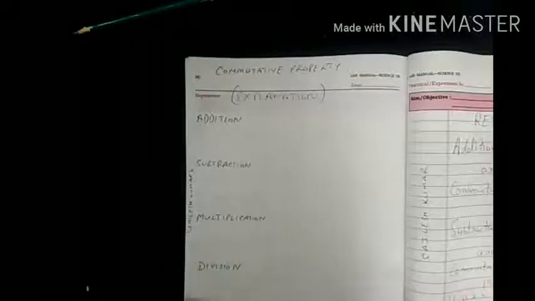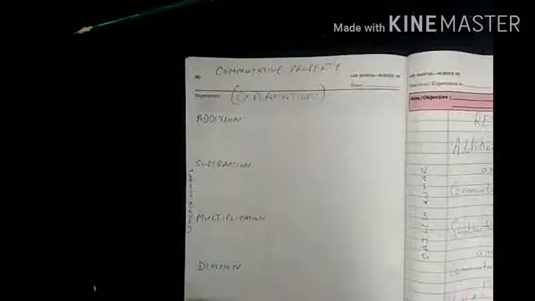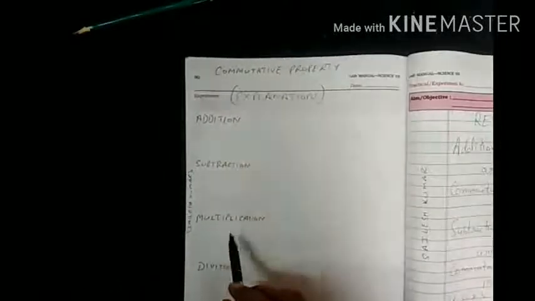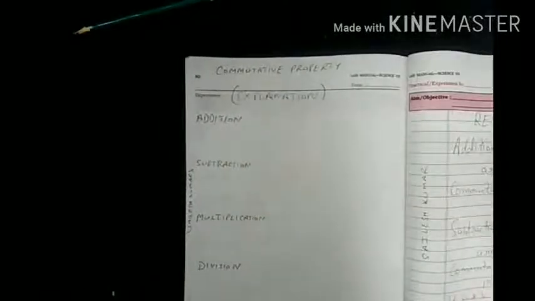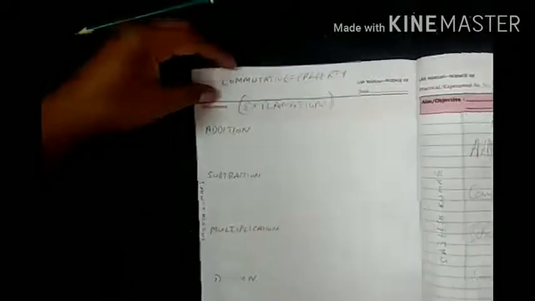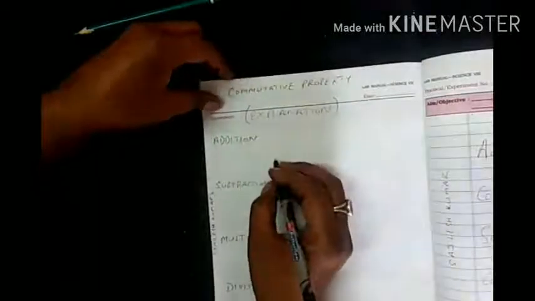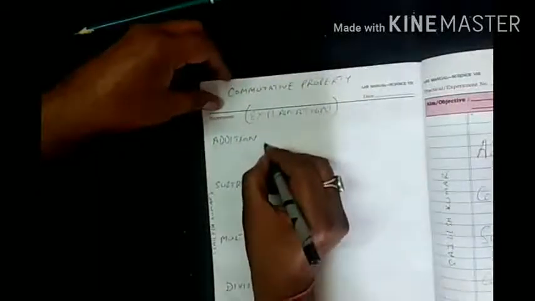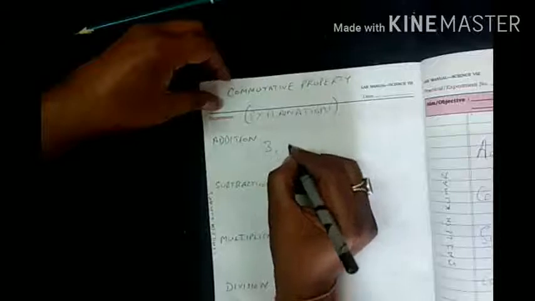Types of integers: positive integer, negative integer, and zero. So we will apply the different operations of mathematics, those are addition, subtraction, multiplication, and division, and see the pattern. So I take two integers, say 3 and 18.